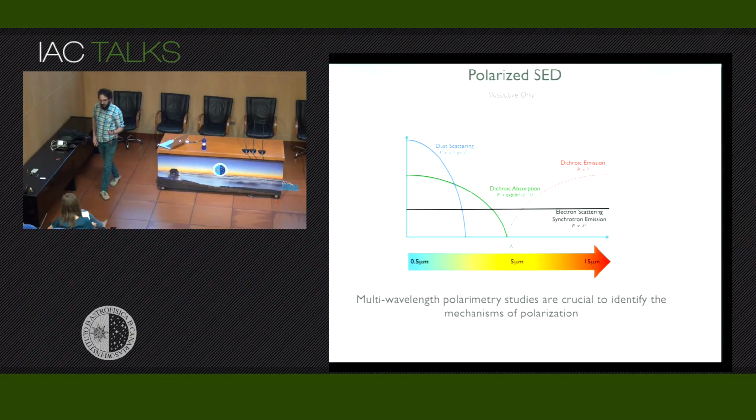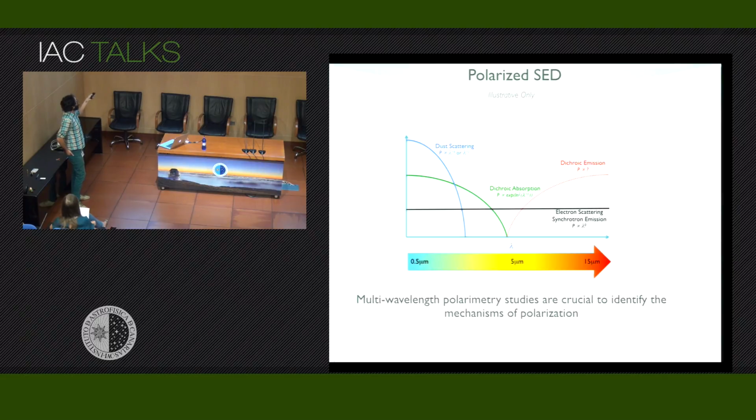One thing that we can do is build a polarized spectral energy distribution, SED, and then we will have a different wavelength dependency depending on the mechanism of polarization. What I show here is, in an illustrative way, dust scattering with some wavelength dependency, lambda to the -4 or lambda to the -1.